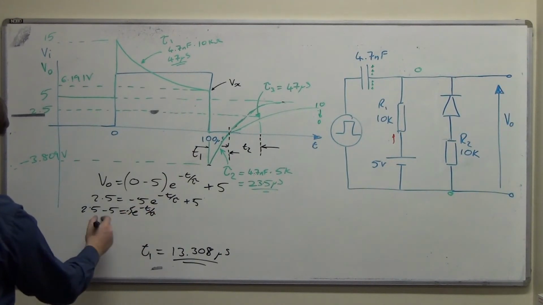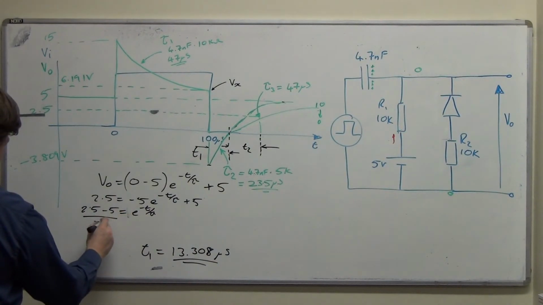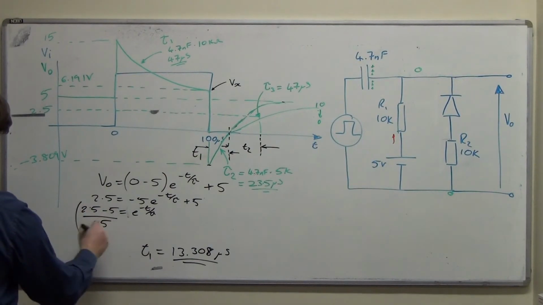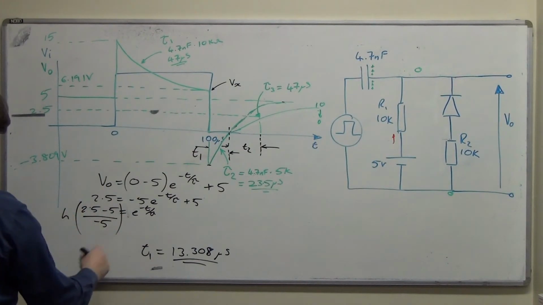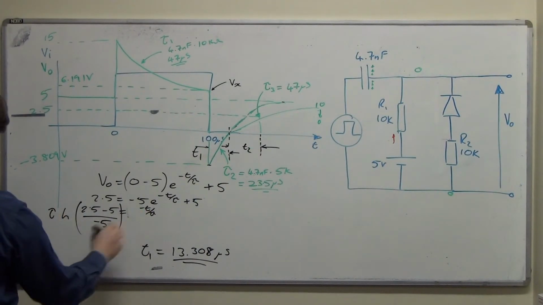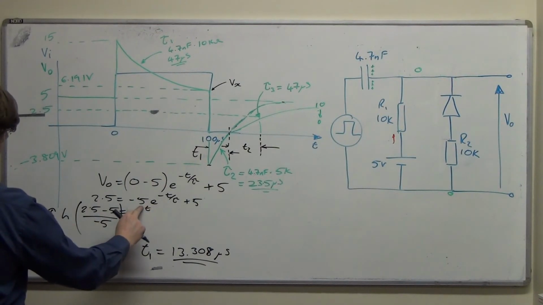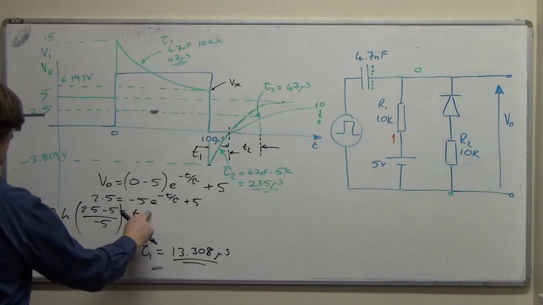So we'll divide through by the minus 5, and then we'll take logs, and that will get rid of the e, and then we'll multiply through by tau, and then multiply through by minus 1, and that just leaves us with t.